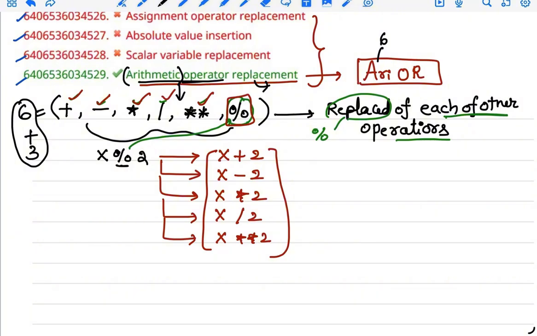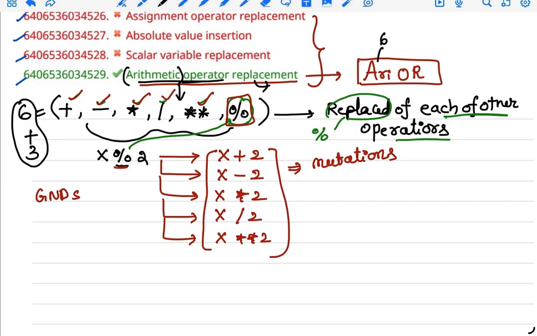So what are these? These are the mutations. Mutations means they are changed, from percent 2 they are changed. These are called mutants. Changed ground string means, so what is a ground string?